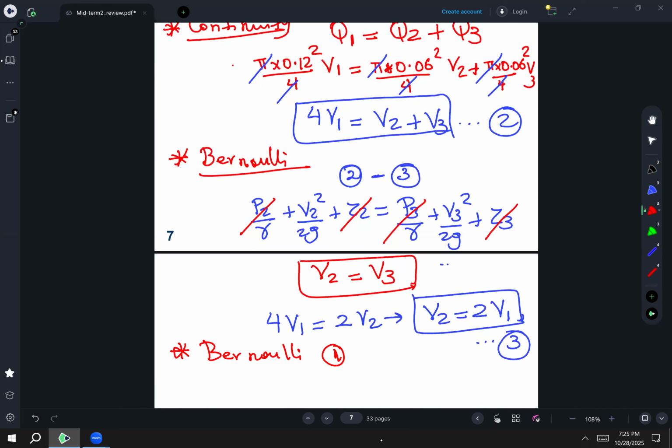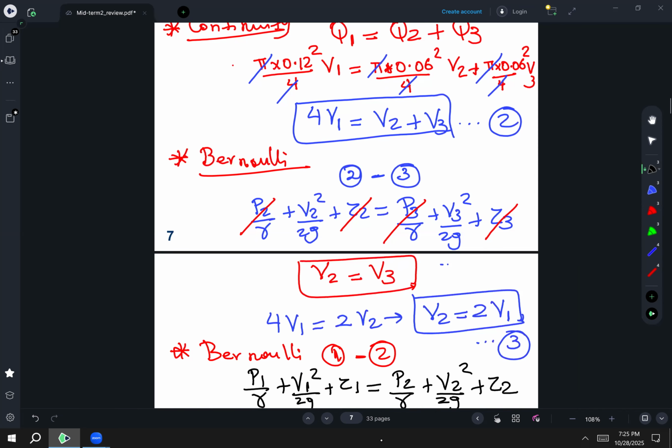So I'm going to apply now Bernoulli between 1 and 2. That will give me the pressure in 1 over gamma plus velocity 1 squared over 2g plus elevation 1. This will be equal to the pressure in 2 over gamma plus velocity 2 squared over 2g plus the elevation in 2. So the elevation in 1 and elevation in 2 will cancel because we mentioned that this is a horizontal system, so the elevations of the pipes are the same.